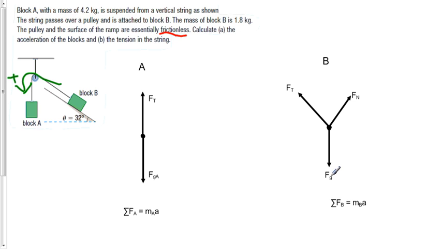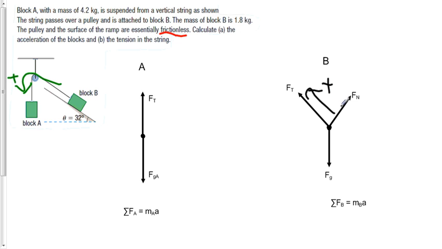And for B, the net force, or the sum of the forces on B, is equal to MBA. We do need to think about what direction this is going to accelerate. I think it makes sense that it will accelerate, if it's going to, along this plane. So let's call this the axis we're concerned about, and this is our positive direction.